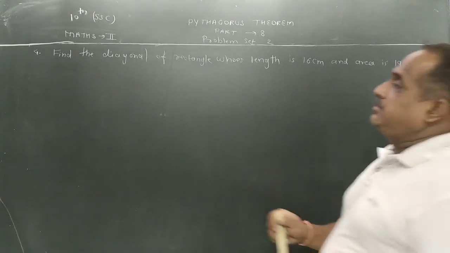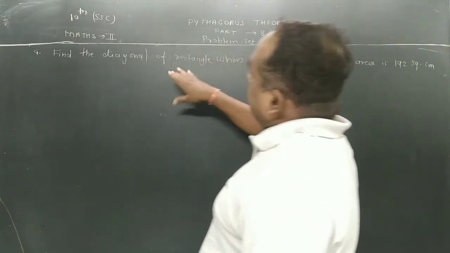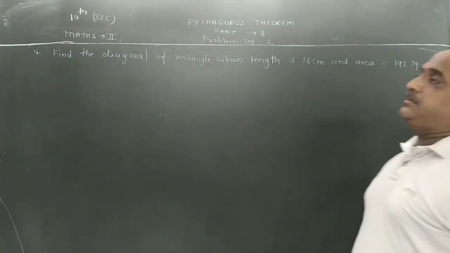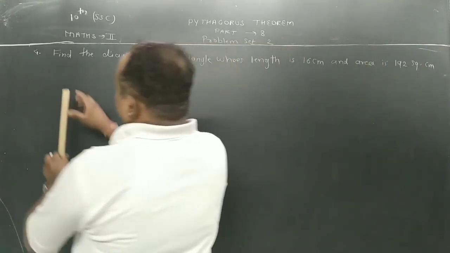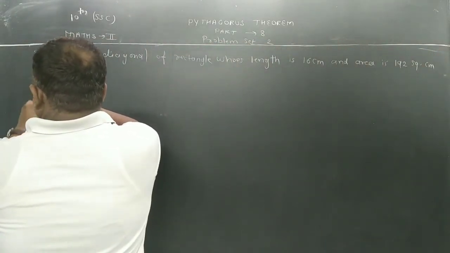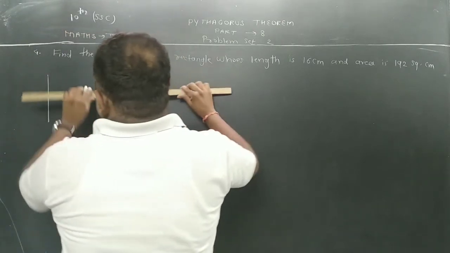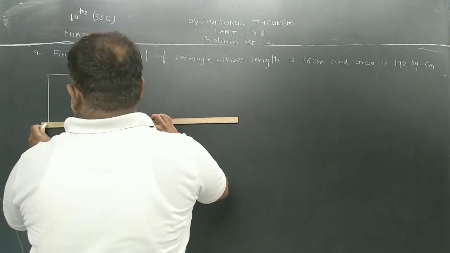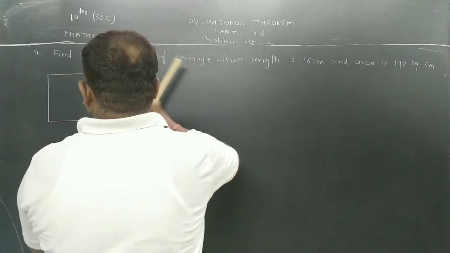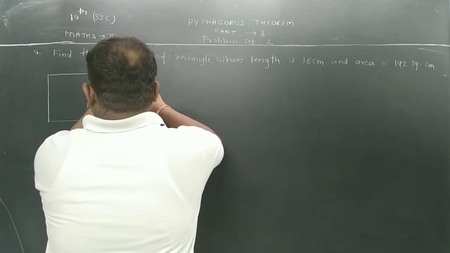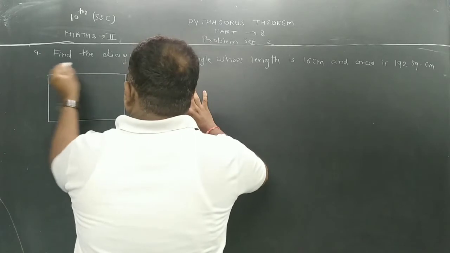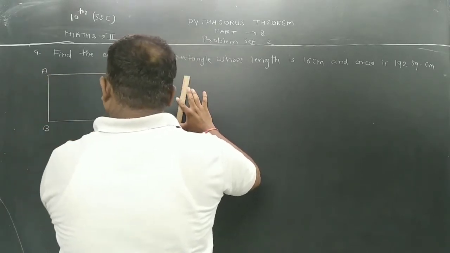On the fourth question, they have given: find the diagonal of a rectangle whose length is 16 centimeter, area is 192 square centimeter. For this, we are going to draw the figure. This is a rectangle ABCD.